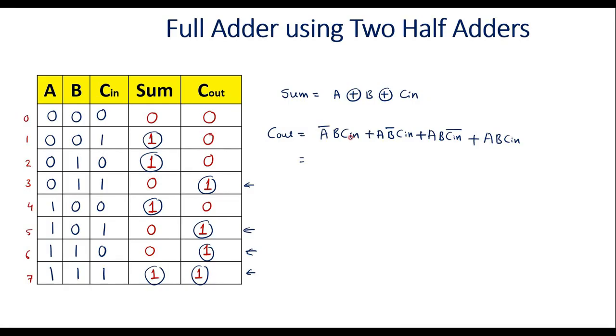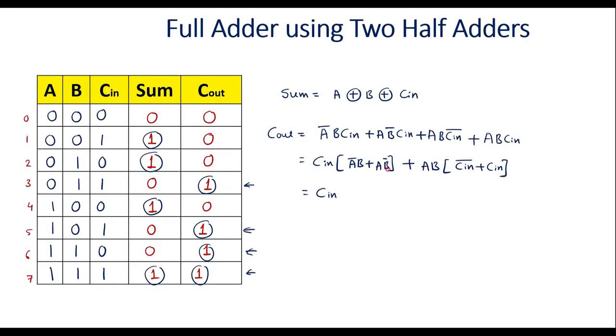So here I can take Cin as common. Cin. So here it will be A bar B, plus here it will be A B bar, plus in these two terms I'll take AB common, that is AB. This can be represented as Cin bar plus Cin. So this is nothing but we have Cin.